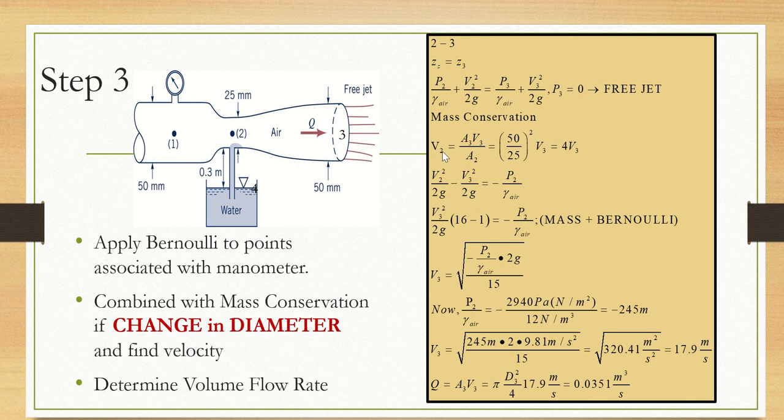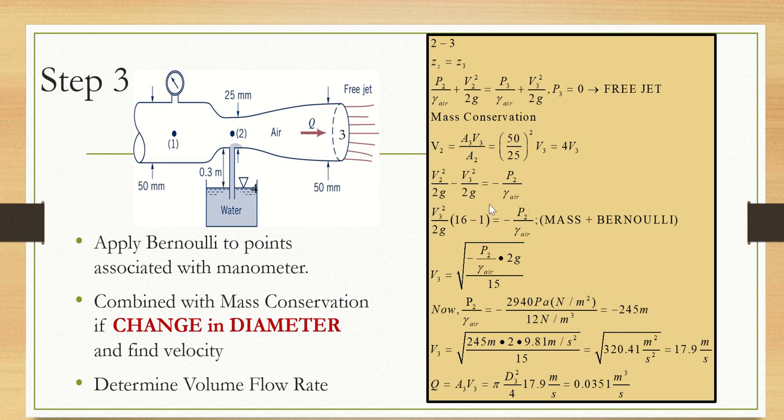So I know that A1V1 is equal to A2V2 is equal to A3V3. Between point 2 and point 3, V2 A2 is equal to V3 A3. Solving for V2, V2 is equal to 4 times the velocity at 3. So V2 will have a higher velocity; V2 is equal to 4 times the exit velocity V3.